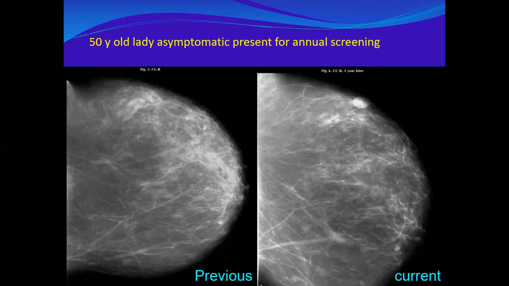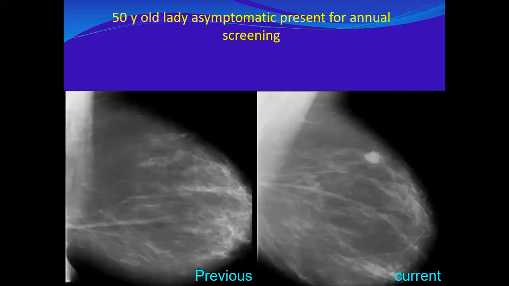This is screening, so that is the previous and this is the current, and you said developing asymmetry. What do you want? You have to see the other, mediolateral oblique view, and confirm it is a focal asymmetry.